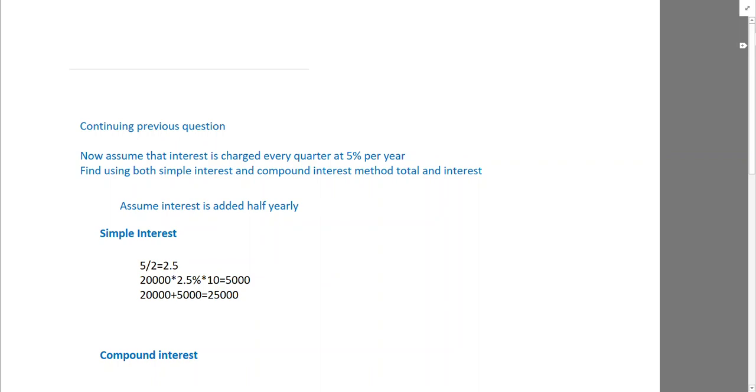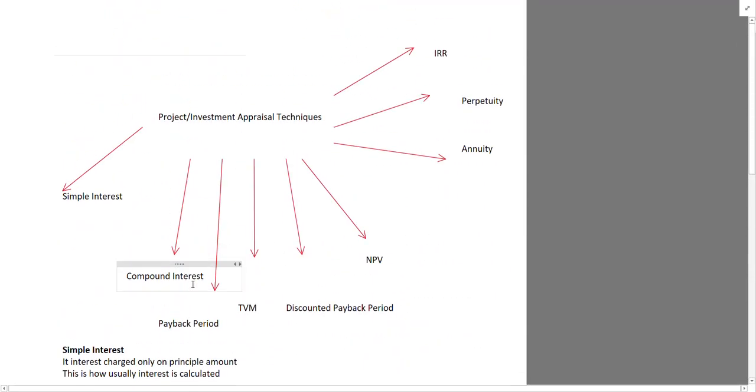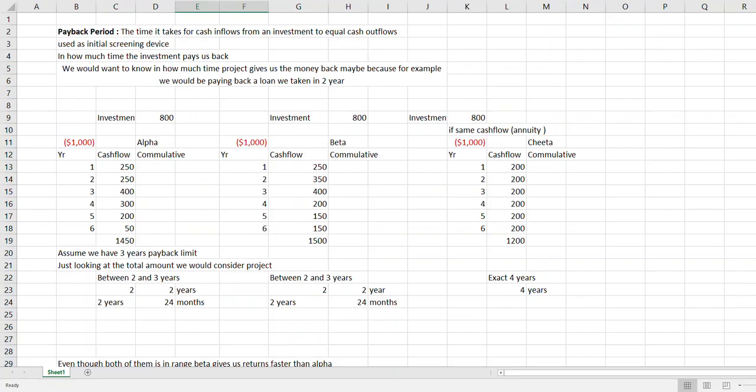Now let's look at the next topic, which is payback period. Whenever organizations are making an investment, one thing they look at is the payback period. Payback period is the time in which you receive your initial amount back.